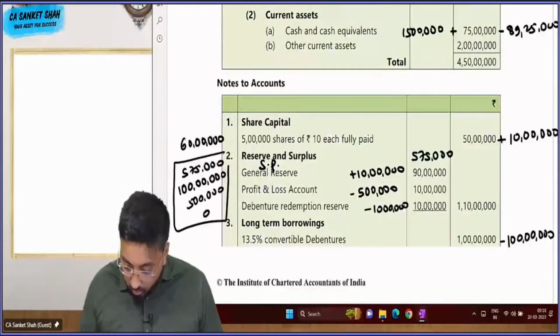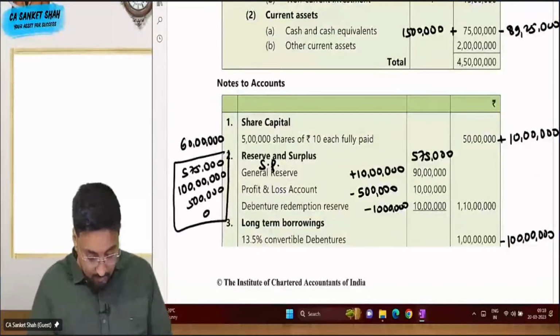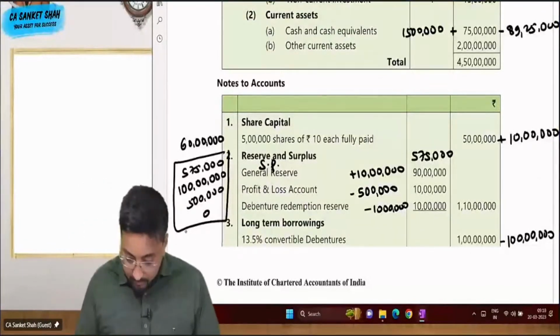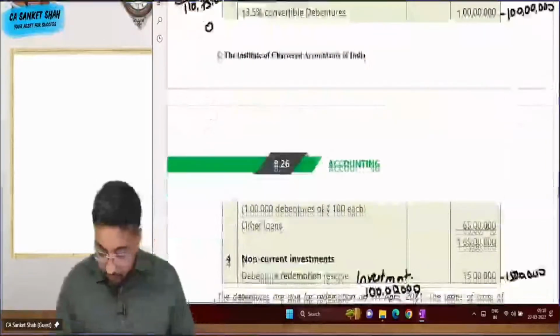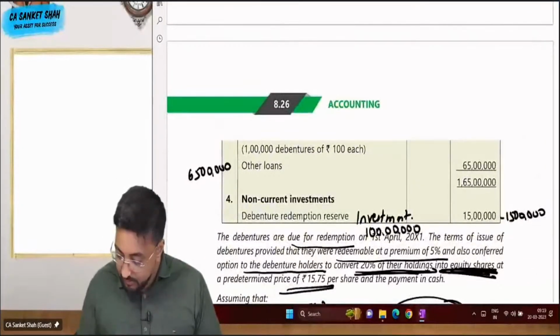DRR 0. So 575 plus 10,000 plus 500, that is 1 crore 10 lakh 75,000. Other loan will continue at 65 lakhs.